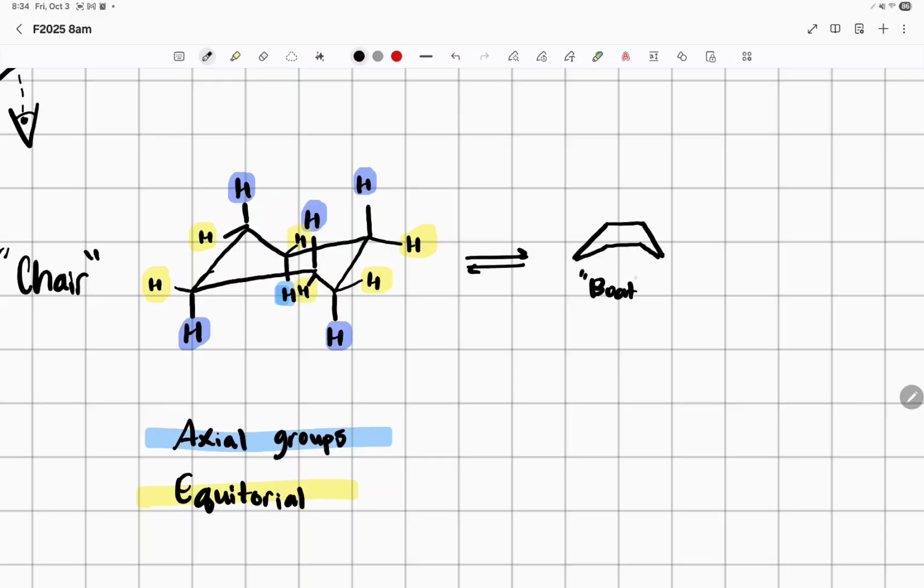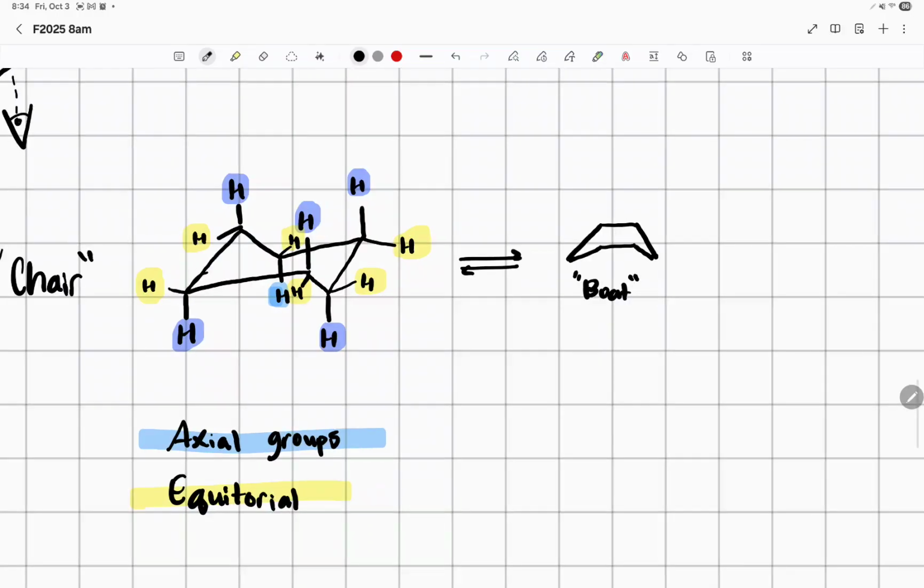And that's what our boat looks like. And again, our boat is going back and forth between the two different chairs.